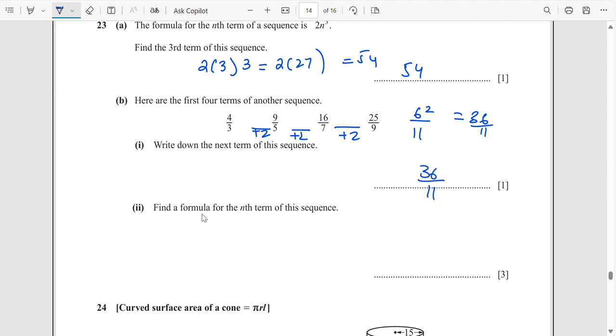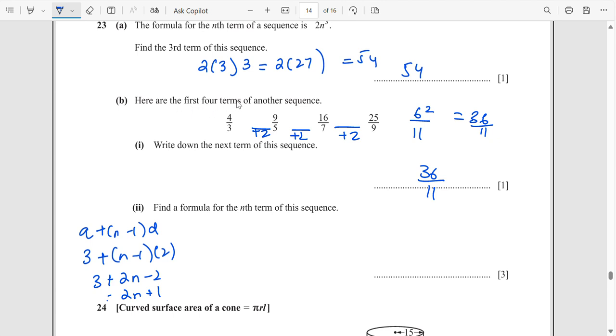So find a formula for the nth term of the sequence. So for the denominator, it's pretty simple as it's an arithmetic sequence, and we know for an arithmetic sequence we have this formula. So over here our first term is 3 and our difference is 2. So this is for your denominator. Now for your numerator, we know that it's the square of something.